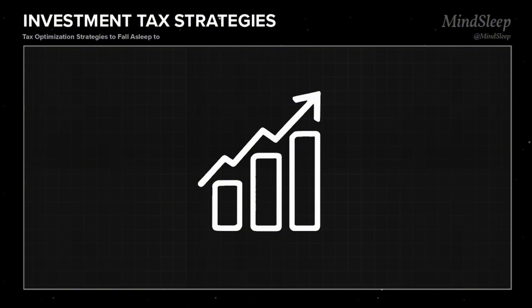Looking to the future, we must consider how evolving technology and potential changes in tax policy might reshape the landscape of investment tax planning. The rise of robo-advisors and AI-driven tax optimization tools could democratize access to sophisticated strategies.